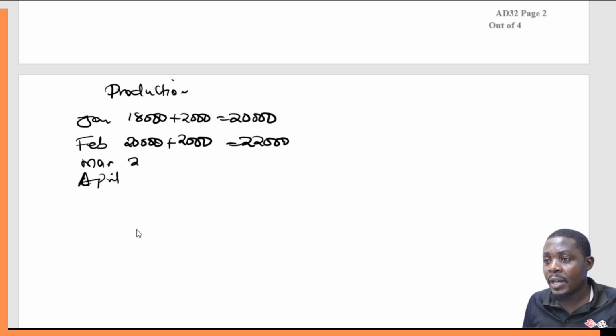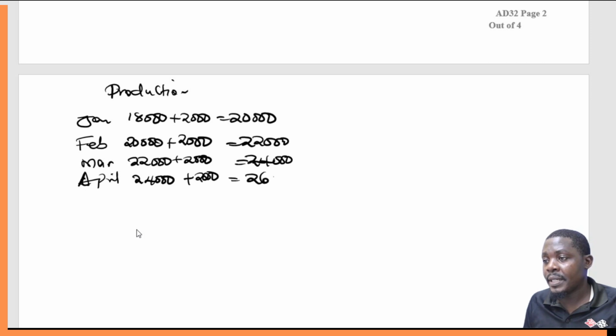Then in March, we have 22 plus 2,000, we have 24. Then in April, we have 24 plus 2,000, we have 26. Those are the figures we are going to use. I don't think there is another adjustment that ought to be done.